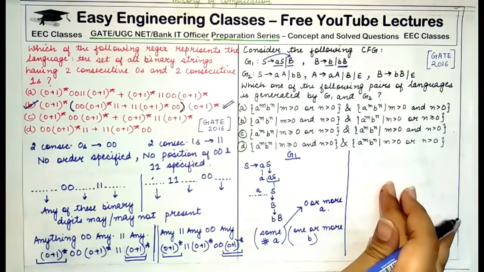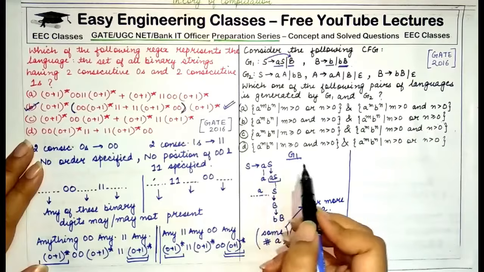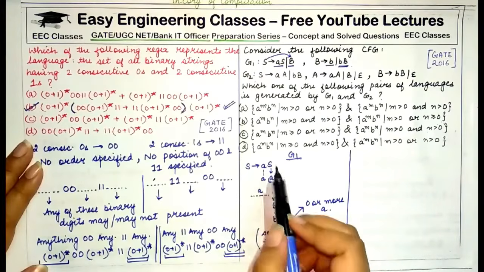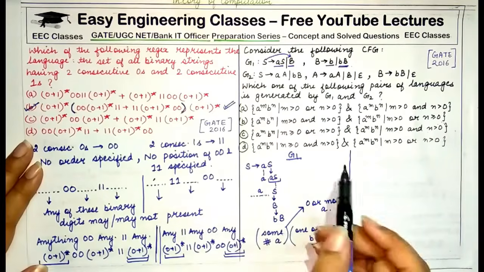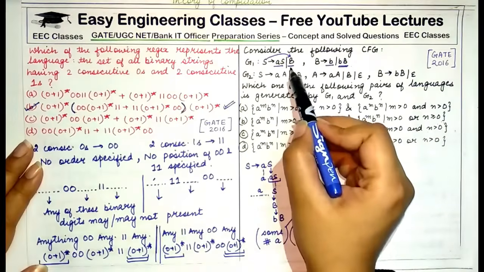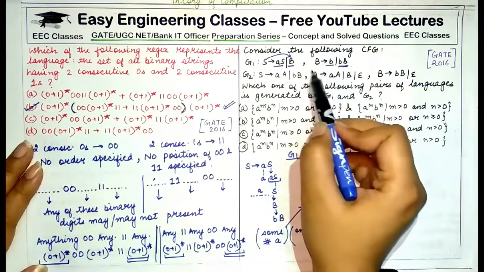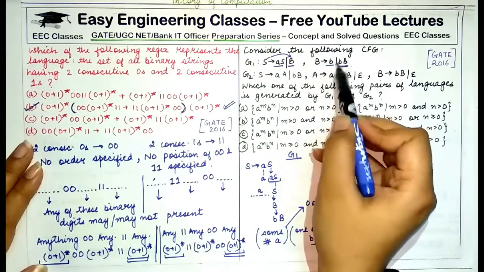Alright, so as long as you repeat the production S goes to AS, you generate some number of A's. To terminate the generation of A's, you have to make use of the second production B, and then the non-terminal B leads to a single terminal b or multiple b's.